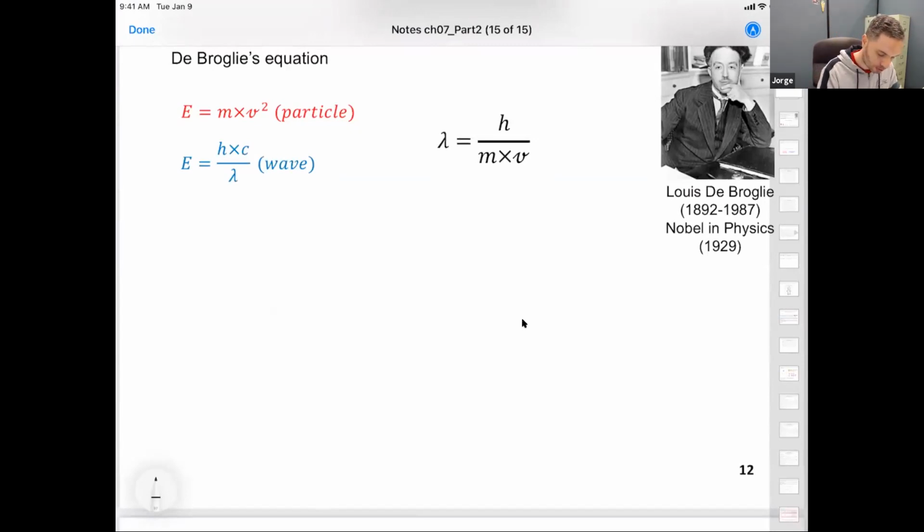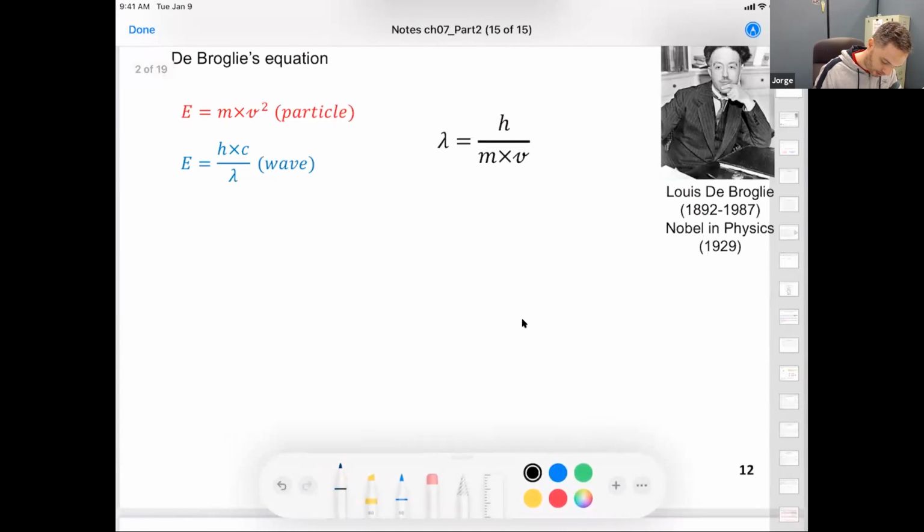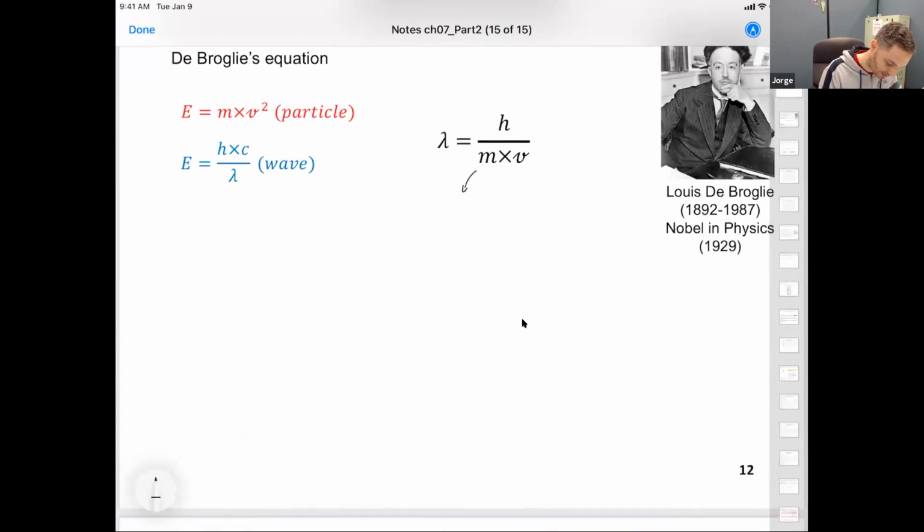So the equation says if we have a particle that has mass, unit here in kilograms, and this particle is moving with a speed v, unit meters per second, this particle will also behave as a wave, which will have wavelength lambda, in meters, and here we have a correlation with Planck's constant.